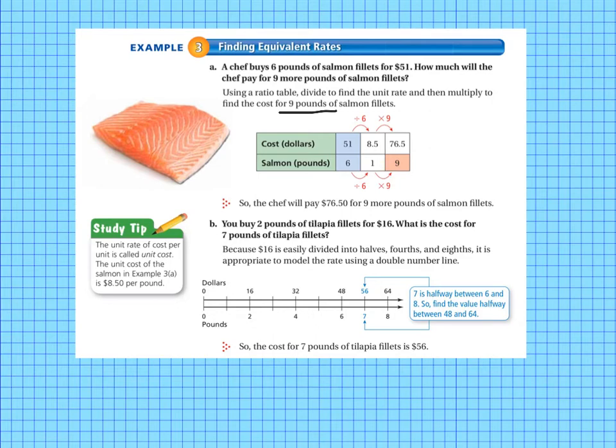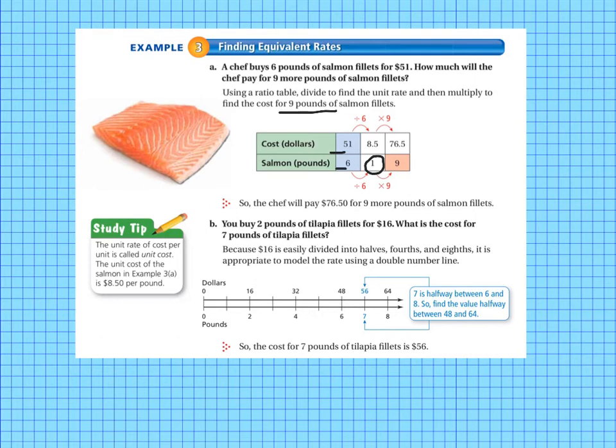So we know that 6 pounds cost us $51. So our fraction of dollars per pound is $51 over 6 pounds. And we want to find the unit rate. So we take 6 and divide it by 6 to get the bottom of our fraction to be 1, because that's what a unit rate means.